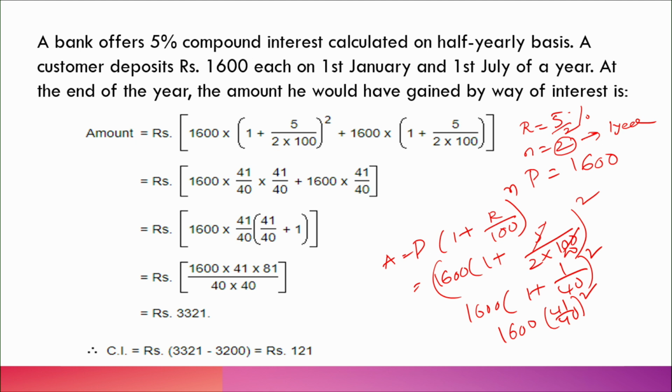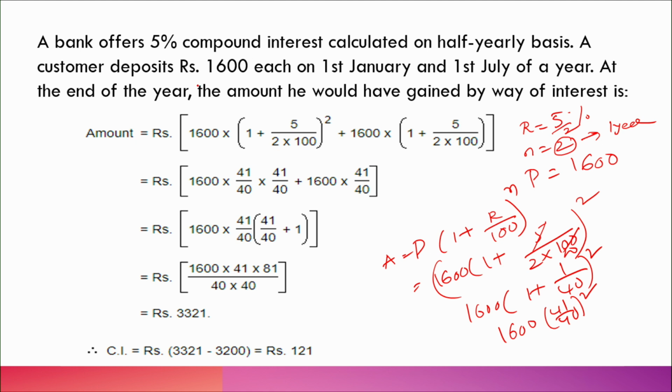Okay. So, the customer deposits 1600 each in January, and at the end of the year the amount gained by interest is 1600 of 41 by 40 into 41 by 40, and the remaining, don't forget, so the first one is for 1 year. I understand the logic.